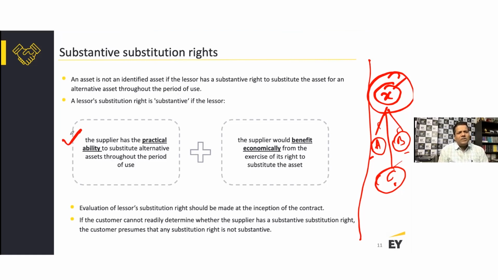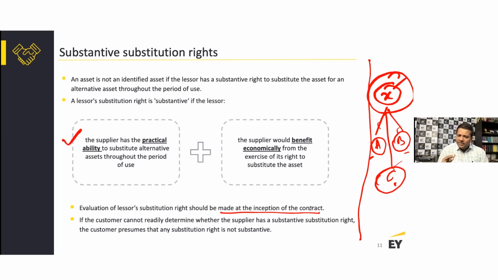Okay, so evaluation of the lessor's substitution right should be made at inception. Again, this is a matter of judgment. If the customer cannot readily determine whether the supplier has a substantive substitution right, the customer then presumes that the substitution right is not substantive.